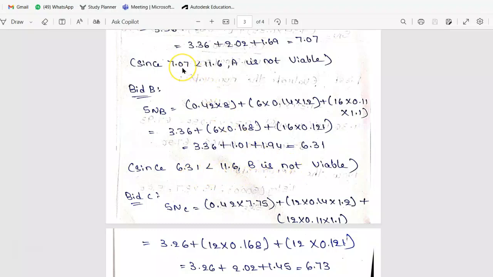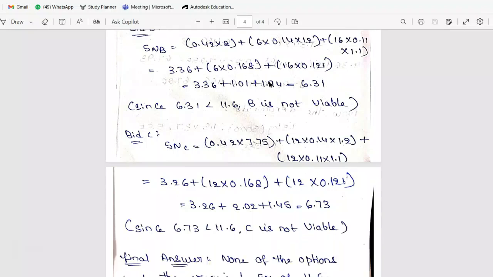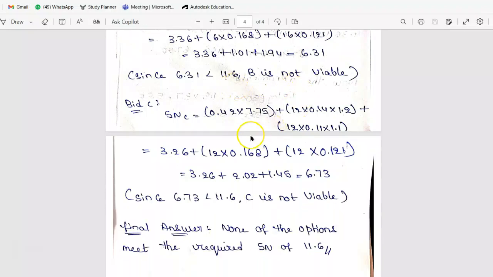In case of bid A, 11.6 is greater than 7.07, so A is not viable. So we can go for bid C. In this also we get 6.73. Since 6.73 is less than 11.6, C is not viable.